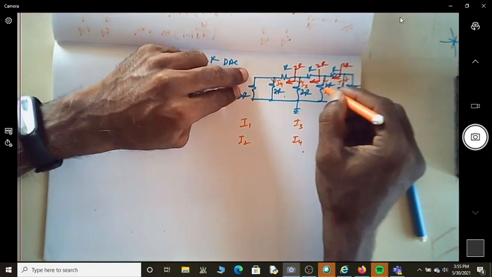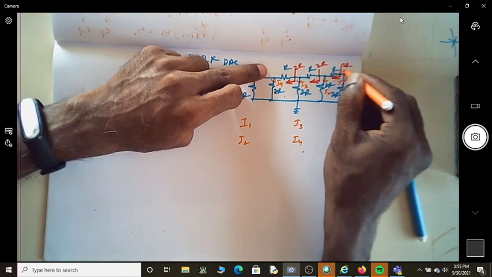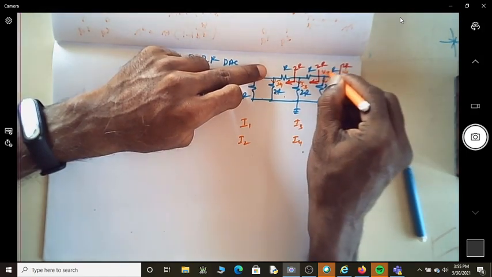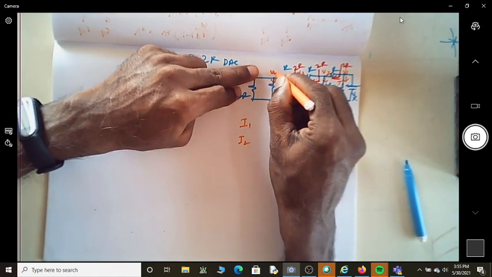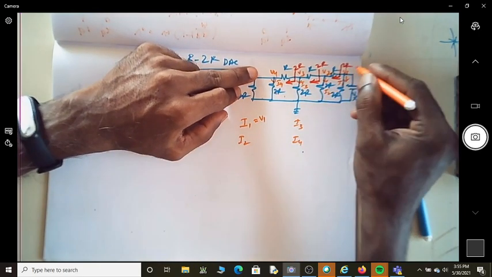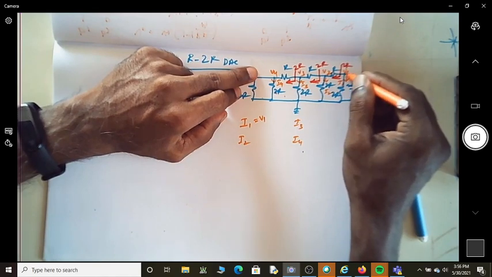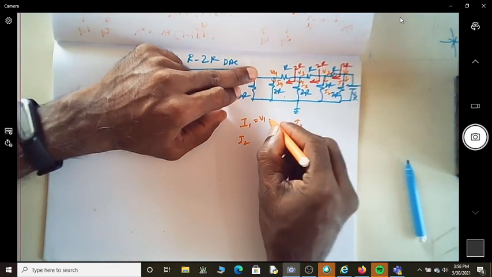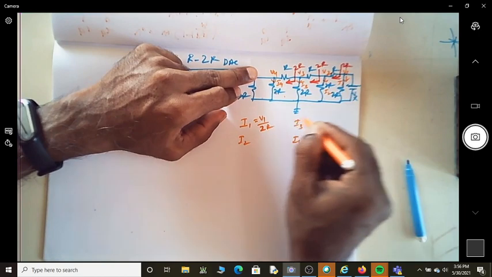Let me say the voltages at this point as V1, V2, V3, V4. Shall I say this as V1, because whatever I1 I am saying, is it actually V1 by 2R? I will write it as V1 by 2R.